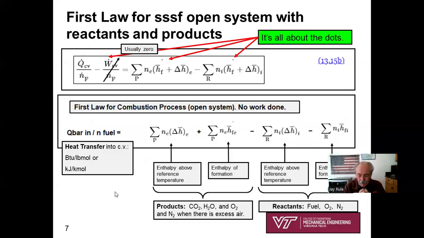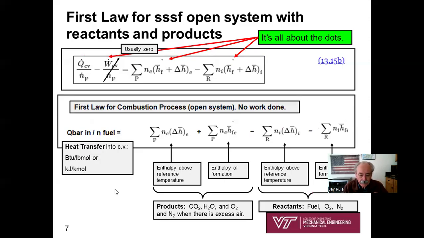Okay, so remember, I've made a point, it's all about the dots. The left-hand side is going to be the heat transfer going into the control volume. Now, what do you expect this to be? Q dot in to the control volume. I would expect that the Q dot going into the control volume is going to be a positive number.